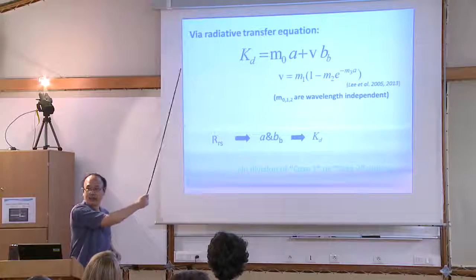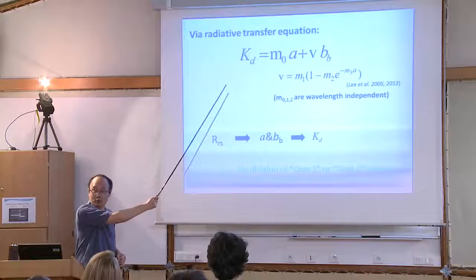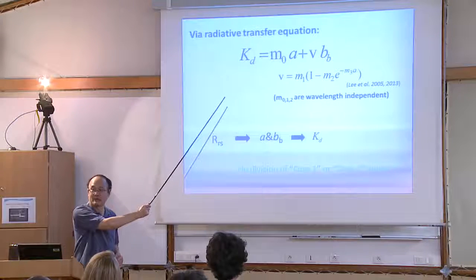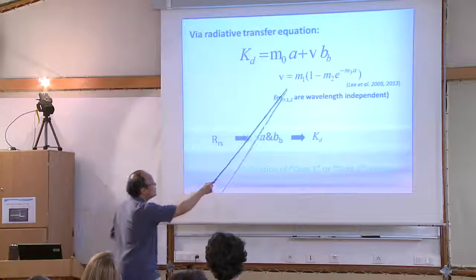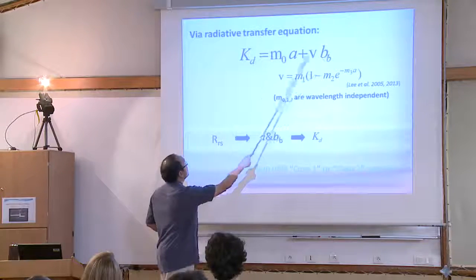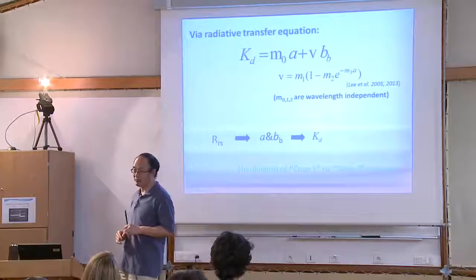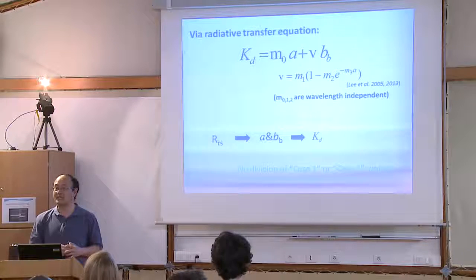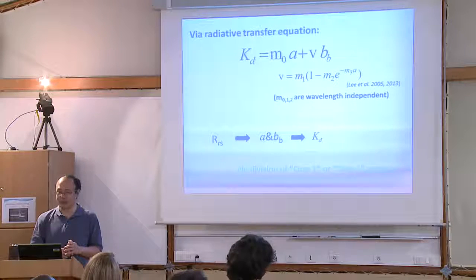As I said, this can be derived from radiative transfer. This is all built into radiative transfer. But here, this part is really based on numerical simulations. This part is completed from radiative transfer. So it's basically physics, a physics-based relationship.